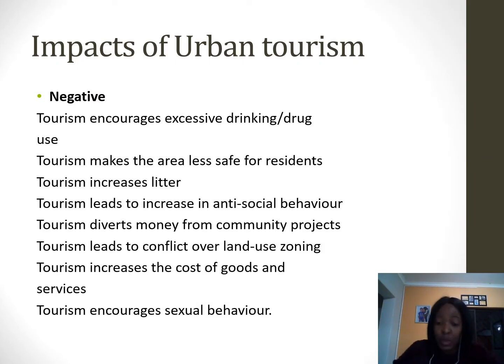So urban tourism or tourism in urban areas is good, but at the same time it has a negative impact on the city. Things like crime, prostitution, loss of culture, drinking and driving, drug abuse, and so many things happen due to the increase of arrivals in a lot of cities.